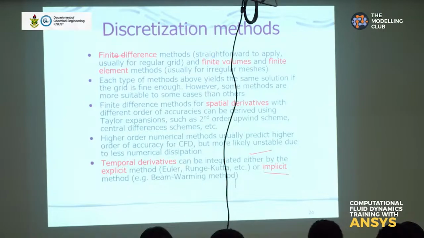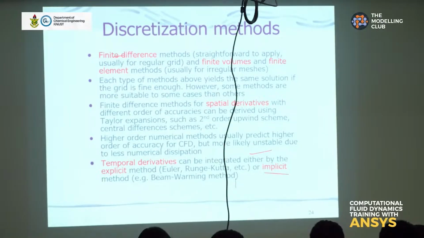They can be integrated either by explicit methods, such as Euler and Runge-Kutta, or implicit methods, such as the Beam-Warming method, and so forth. I think in your numerical class, you must have talked about the explicit and implicit methods of solution of these numerical solutions. Any comments or questions?